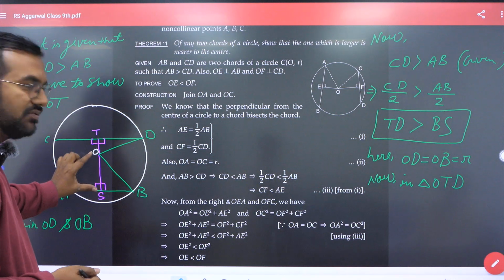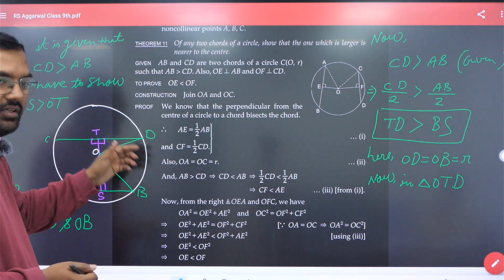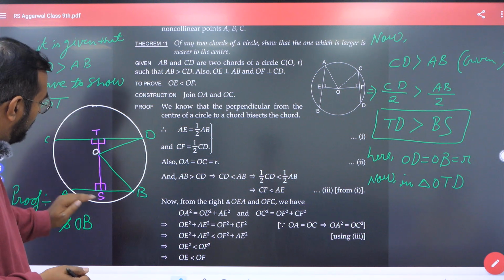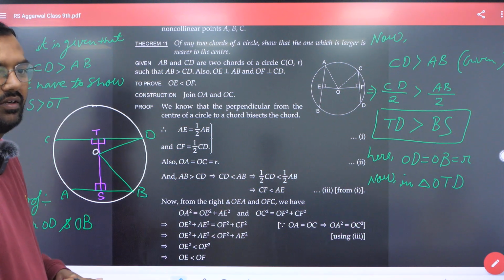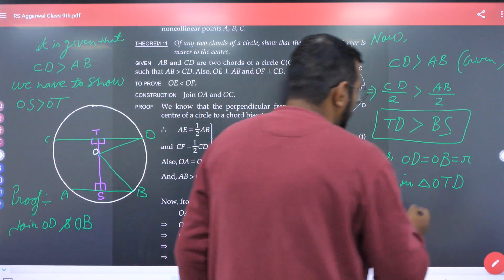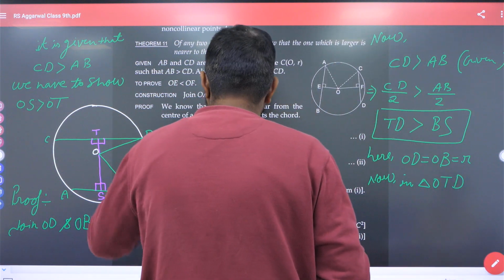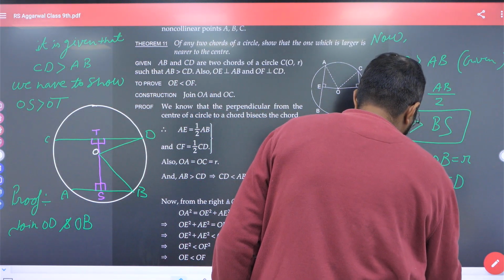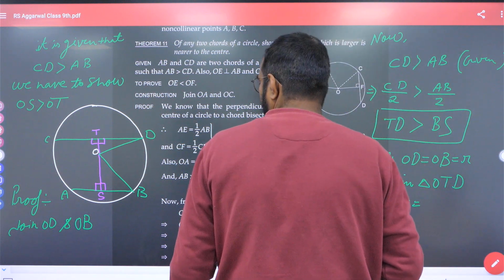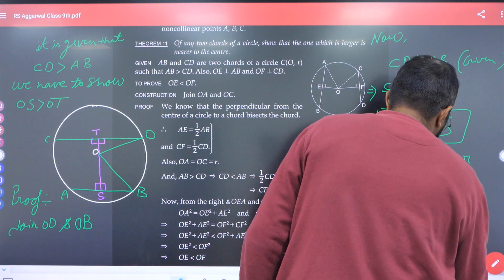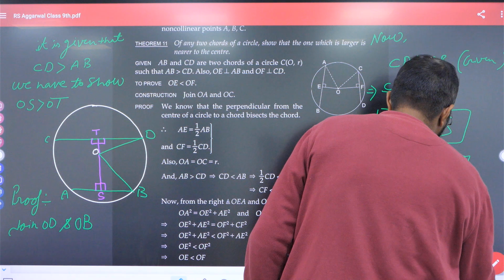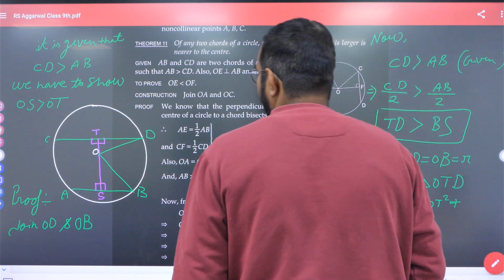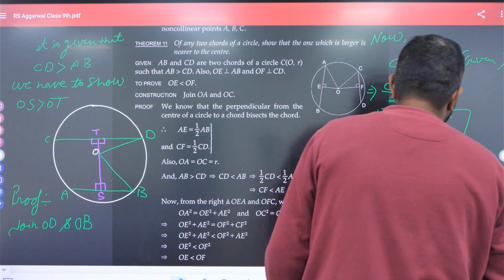According to the theorem, OS will be greater because CD is greater, so CD will be nearer and AB will be further. So in triangle OTD, we can write OD squared is equal to OT squared plus TD squared, right?